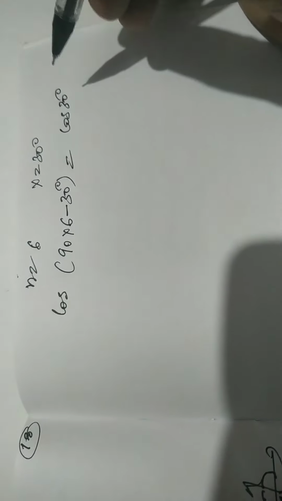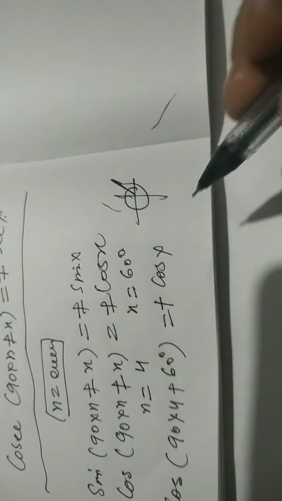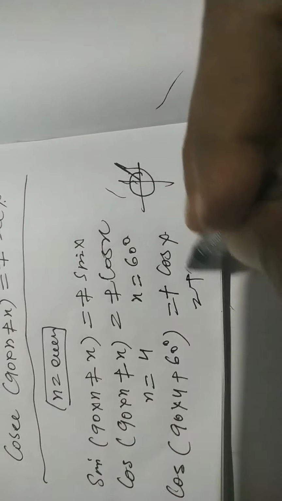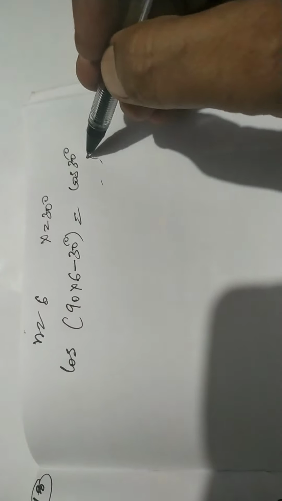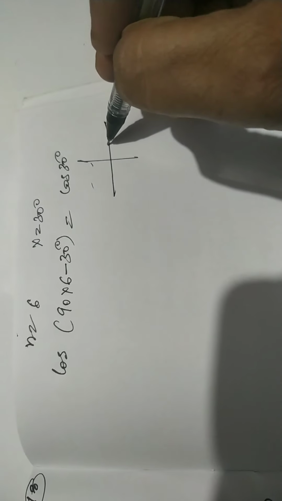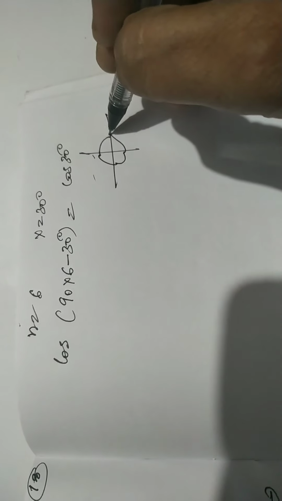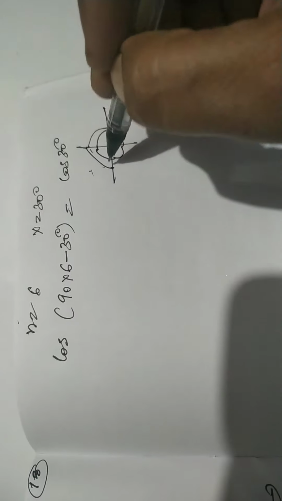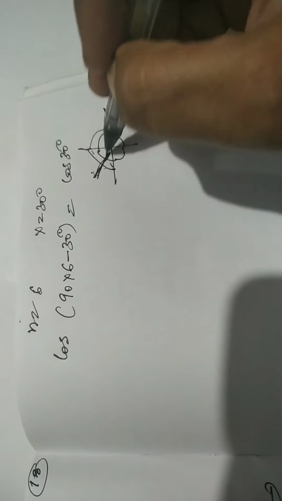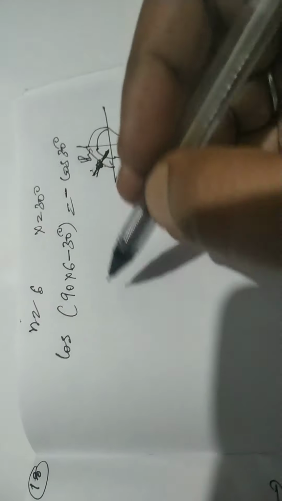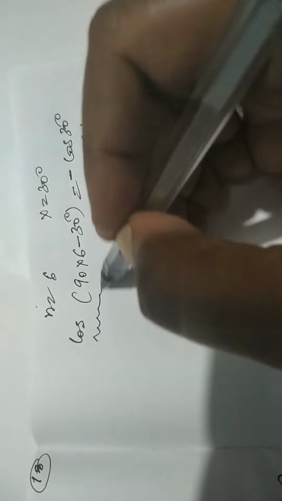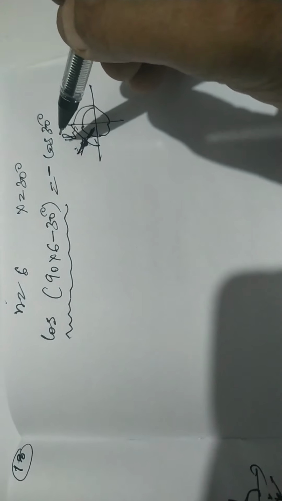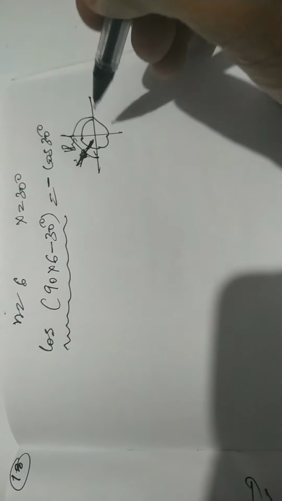Let's check: 90 × 6 is 540, and minus 30 puts it in the second quadrant, so we write minus cos 30°. We look at the sign on the left-hand side and put that sign on the right-hand side, depending on the quadrant.